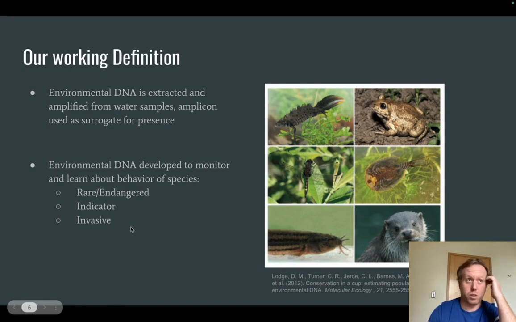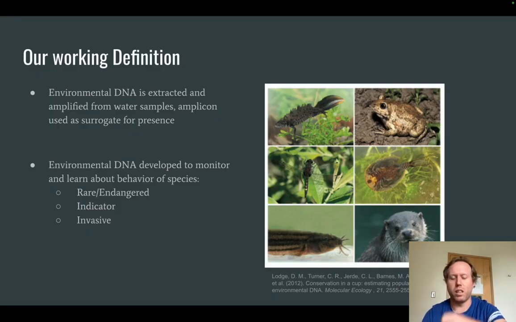Now, I will separate bacterial source tracking a little from environmental DNA, because you could put looking at the microbial community under environmental DNA, but at this point I would say they're a little bit separated, although the methods are super similar as far as how you would use the amplicon in some form as a surrogate for presence.